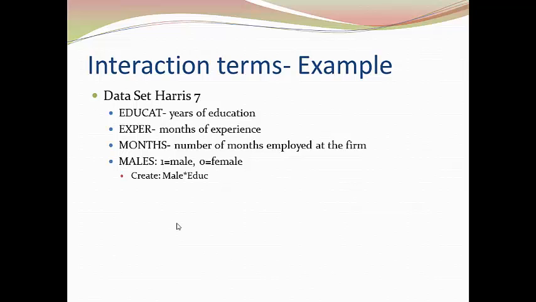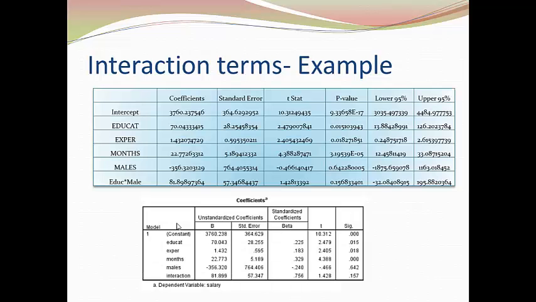Do males with more education make more money than females with that same amount of education? Meaning, is the slope of that relationship actually changing? Is education more beneficial for a male employee than it is for a female employee?